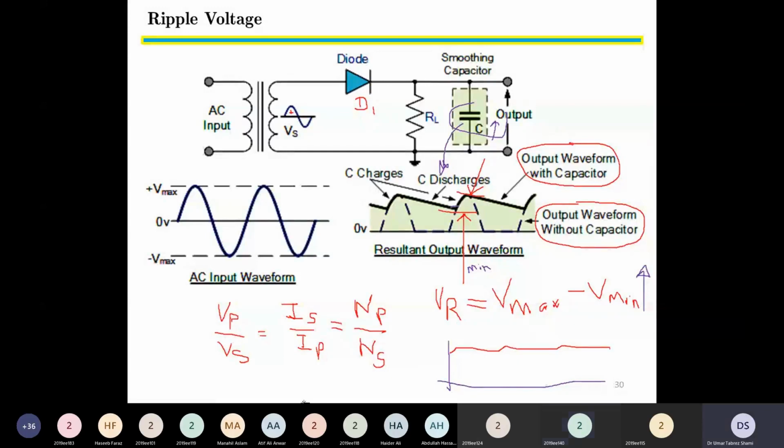We will do this step by step. We will discuss the insertion of inductance, and then the combination of inductance and capacitance, at its particular slide in its particular lecture. But at this stage, we are just dealing with a single capacitor across a single load with a single diode. So let the time come, we will inshallah discuss this also.